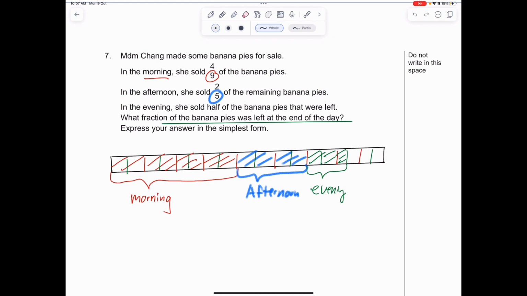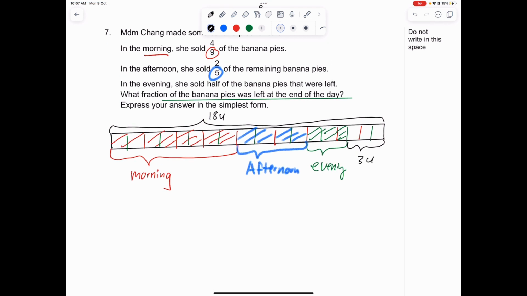Okay, so this whole unit here is actually 18 units. This part over here is 3 units. So the fraction would be 3 out of 18. Correct? And then you simplify it. Cancel, cancel. 3 divided by 3 is 1. 18 divided by 3 is 6. So your answer is actually 1/6.